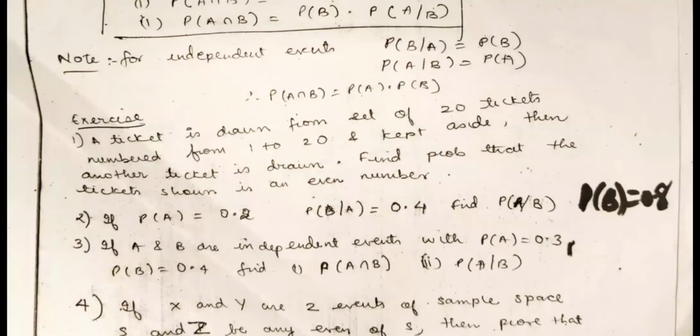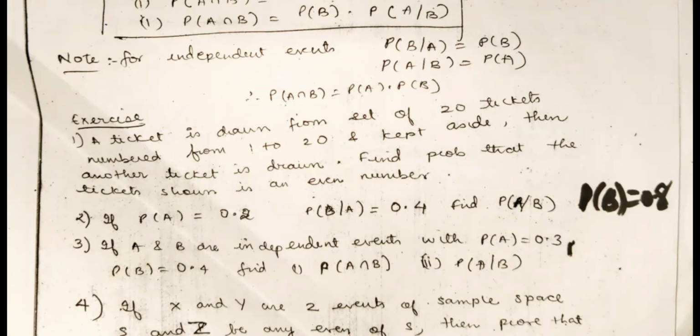A ticket is drawn from a set of 20 tickets numbered from 1 to 20 and kept aside. Then another ticket is drawn. Find the probability that the ticket shows an even number. Now it depends what was your first one, because the count will change.